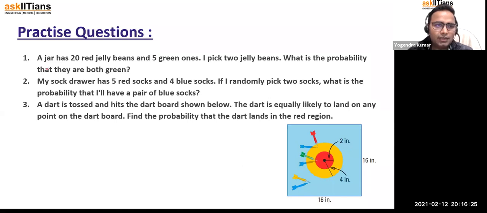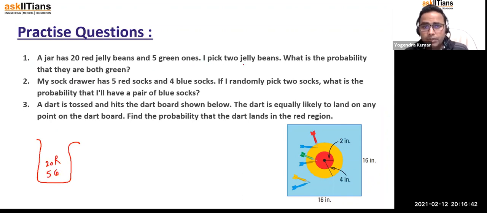So now here they say a jar has 20 red jelly beans and 5 green ones, right? So the jar has 20 red and 5 green. I pick 2 jelly beans. What is the probability that they are both green?